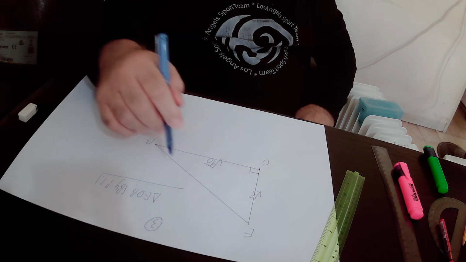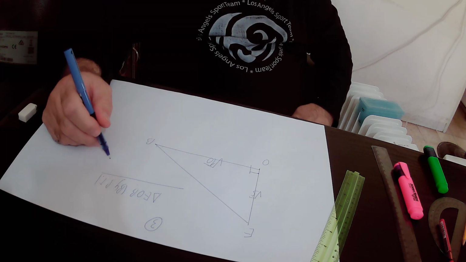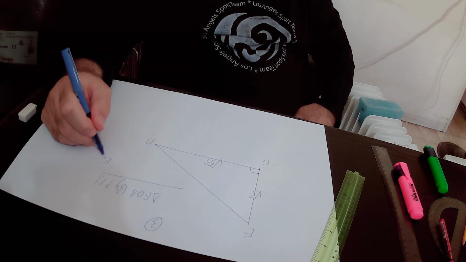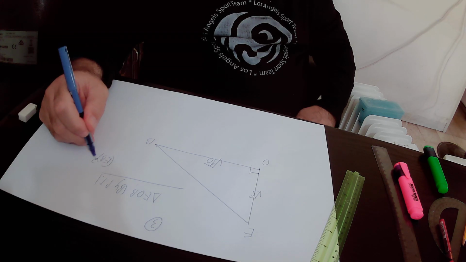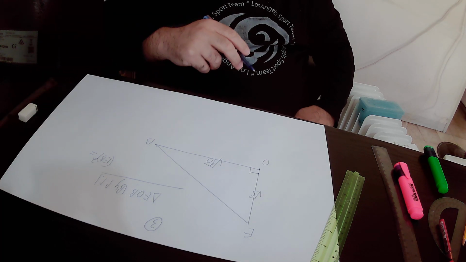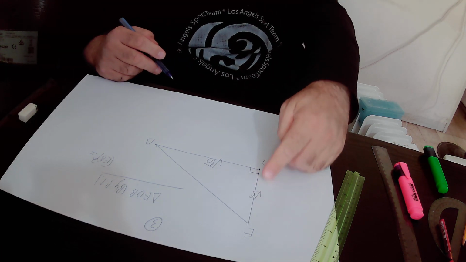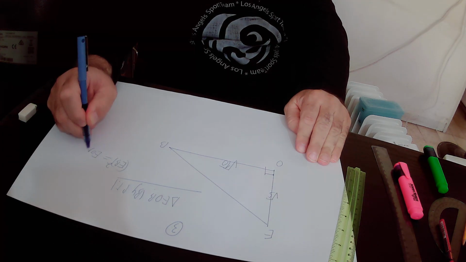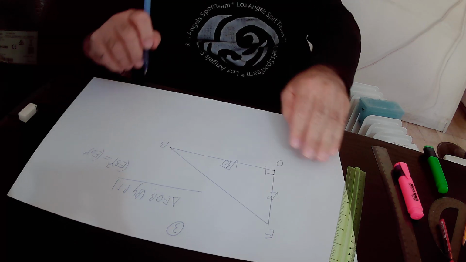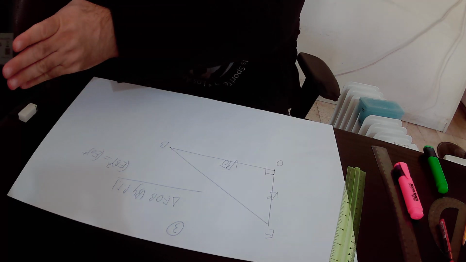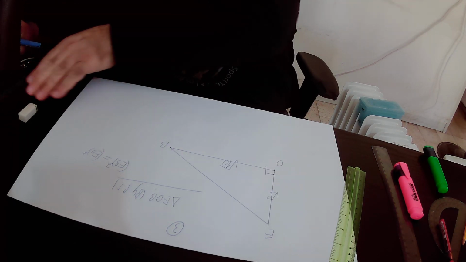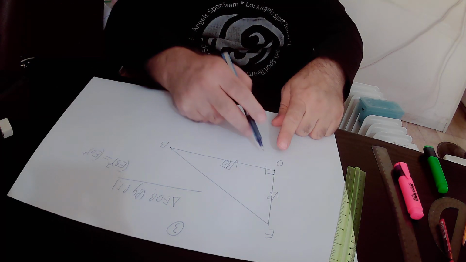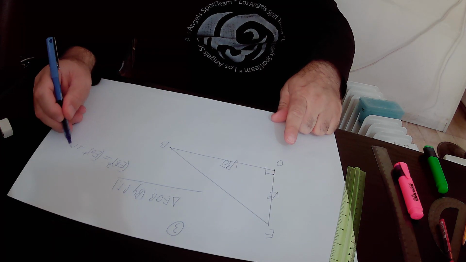The square of the hypotenuse is EB squared, and it must be equal to the sum of the squares of the perpendiculars. That is to say, it must be equal to EO squared plus OB squared.